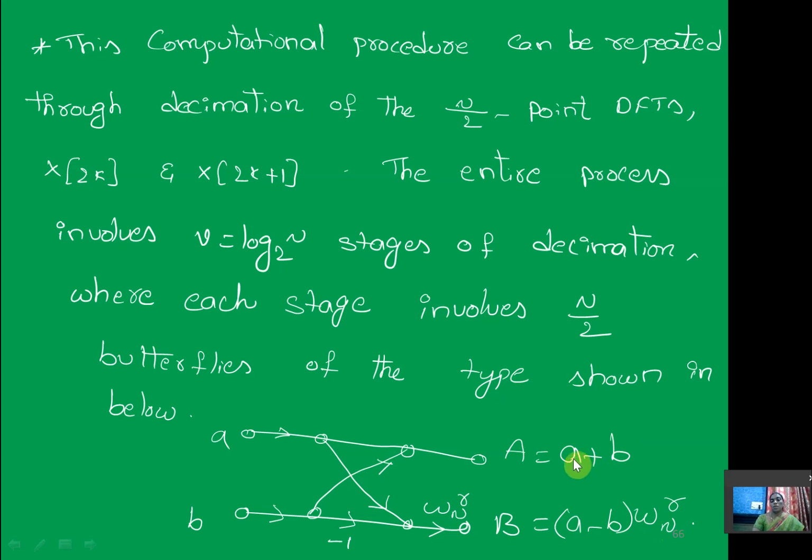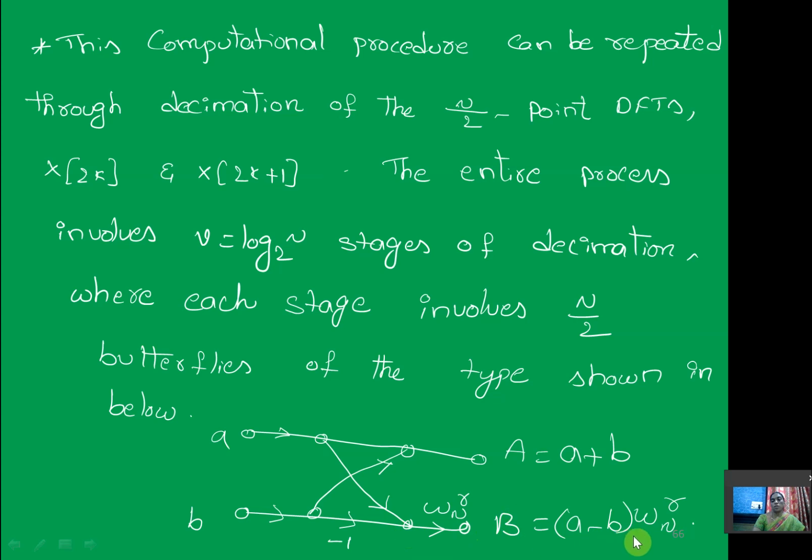In the signal flow graph, A and B are the inputs. Capital A is A plus B, where the circle is a summer and the arrowhead is a multiplier. For A minus B times W_N power r, B is multiplied by minus 1, then A minus B is multiplied by W_N power r.